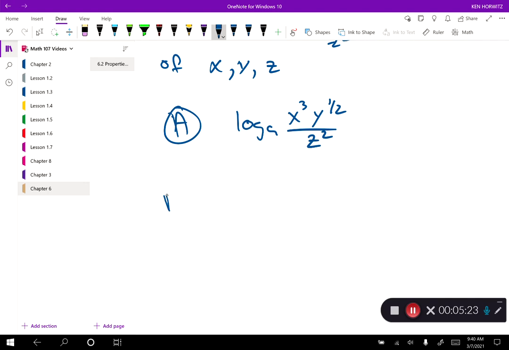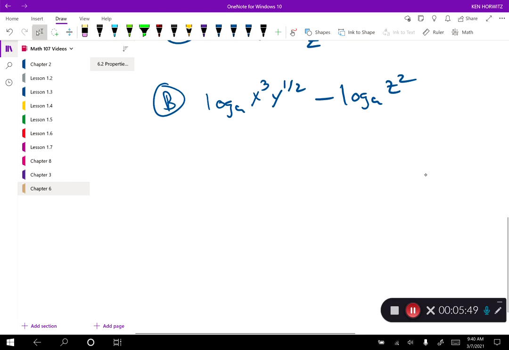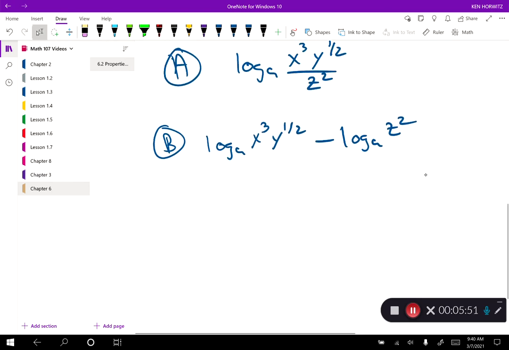So my next step is going to be to use the quotient property, or that second law that we talked about. So to use the quotient property, basically I say the log base a of my numerator, x cubed, y to the 1/2 power, and then I'm going to subtract the log base a of z squared. All right. So after I do this, now things look a whole lot easier.